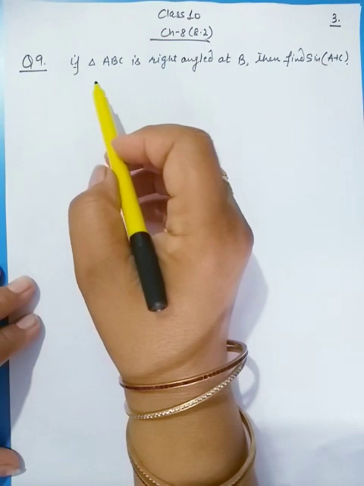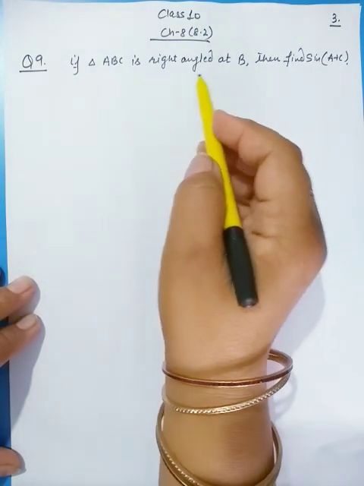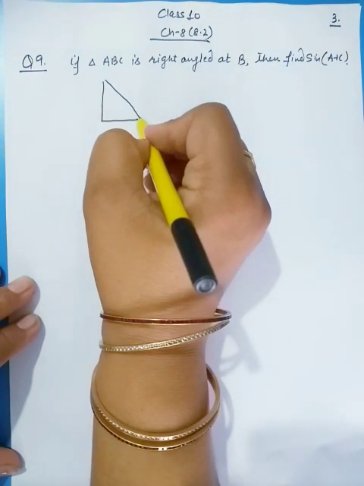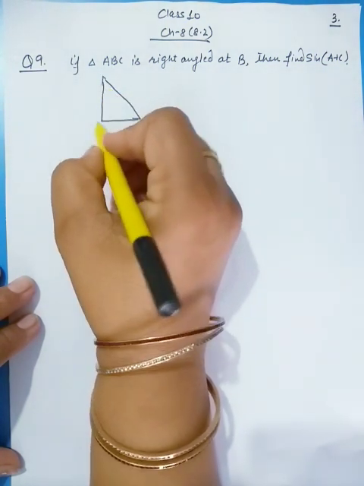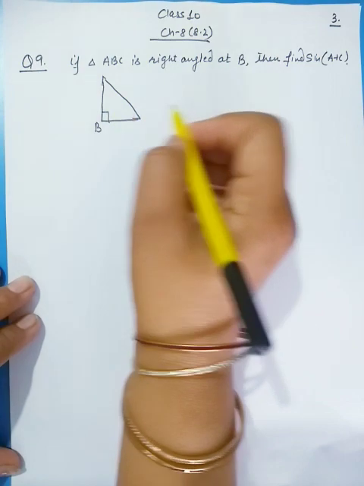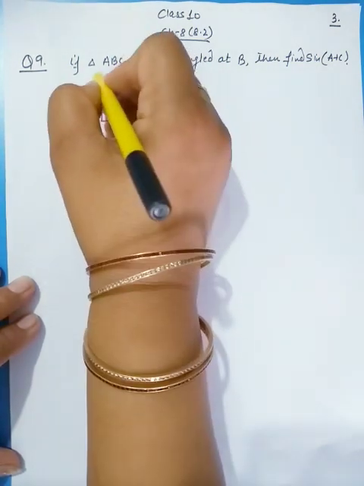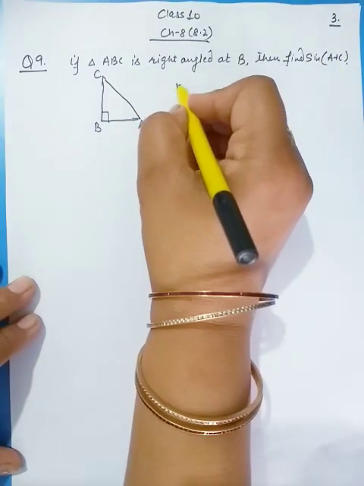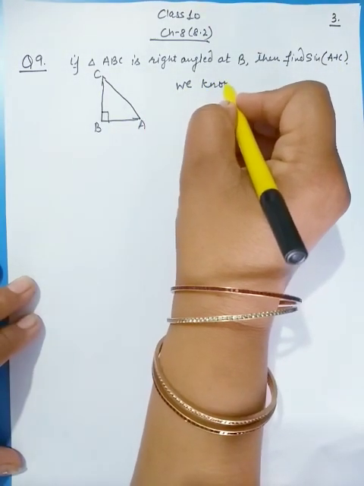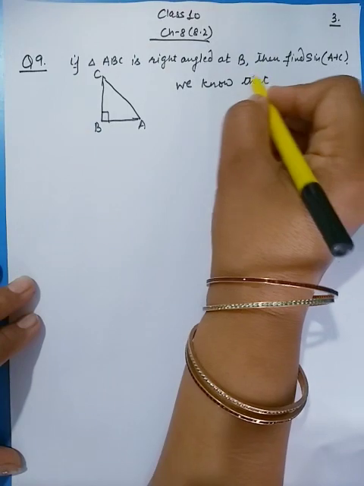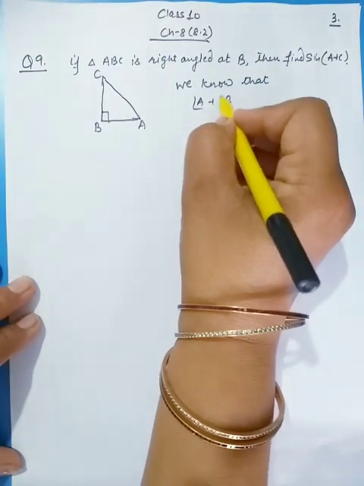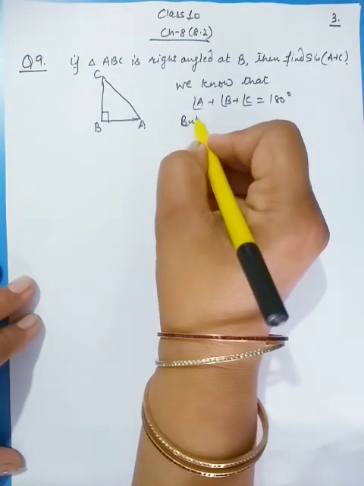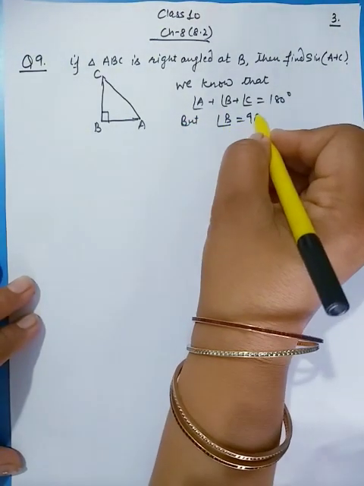Now question number 9. If triangle ABC is right angled at B, meaning we have a right triangle in which angle B is 90 degree, and we have to find the value of sine A plus C. So in a triangle we know that angle A plus angle B plus angle C is equal to 180, but angle B is equal to 90 is given.